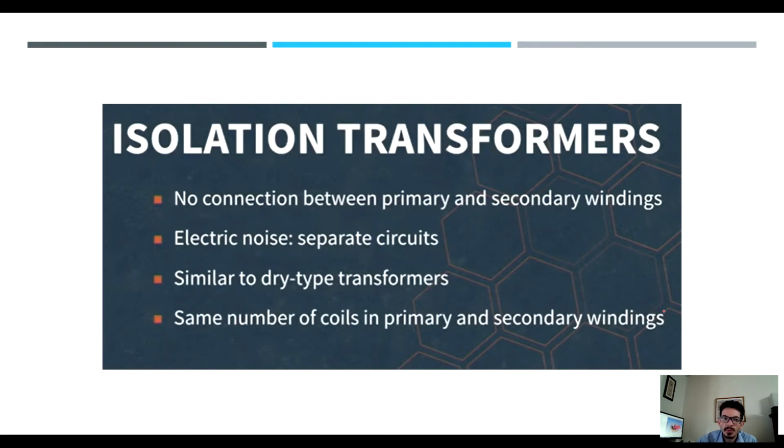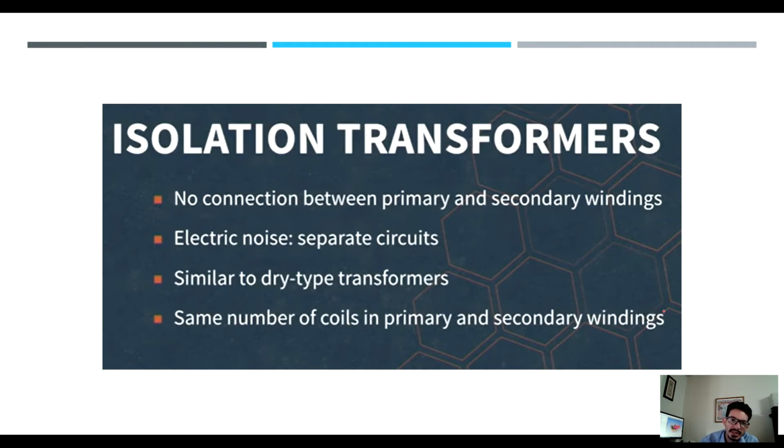There's another type of transformer called an isolation transformer. Its characteristics are that no connection between the primary and secondary windings exists. So that's what we just saw; there's no physical connection between the two windings. It's an electromagnetic field.